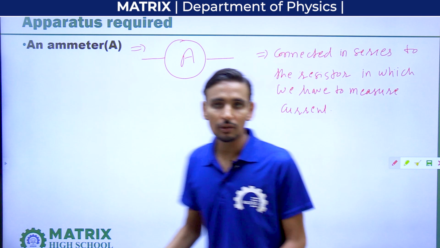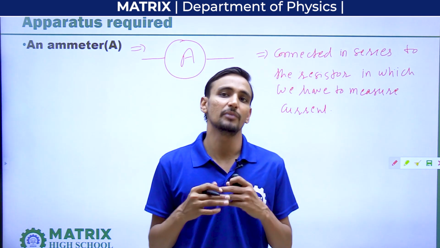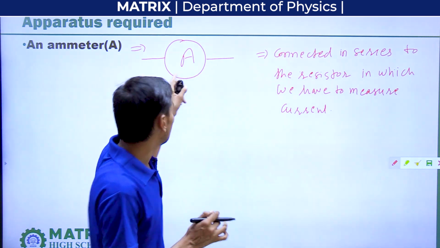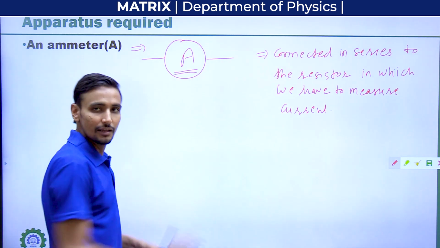So what is an ammeter? An ammeter is a device which measures the current, denoted by A, and it is connected in series.